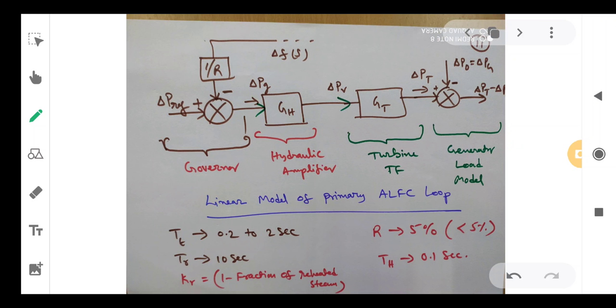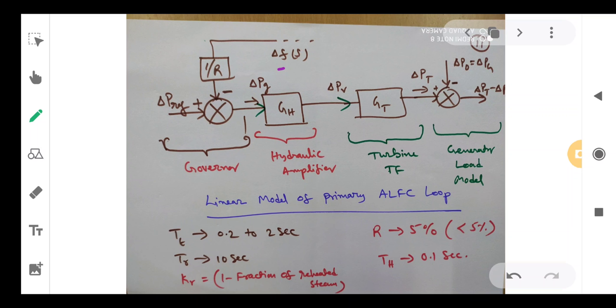Next one, the turbine transfer function and generator load model. This is the first equation: delta P reference minus 1 by R into delta F equals delta PG, with the negative sign for 1 by R. Delta PV by delta PG equals GH.